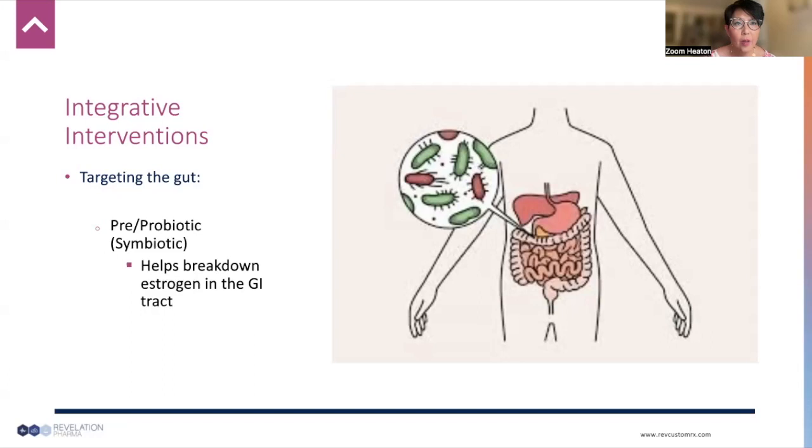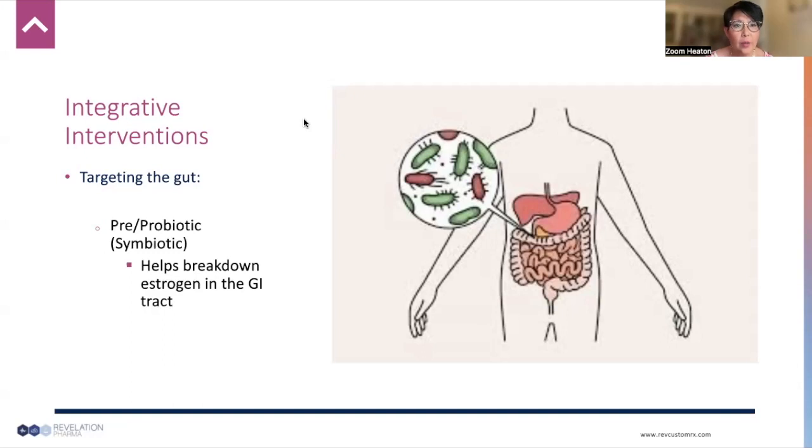These changes alter the intestinal environment, making it less hospitable for beneficial organisms and allowing for the overgrowth of potentially pathogenic organisms. So this is the link between the inflammation seen in endometriosis and how this impacts gut function, leading to gut dysbiosis.